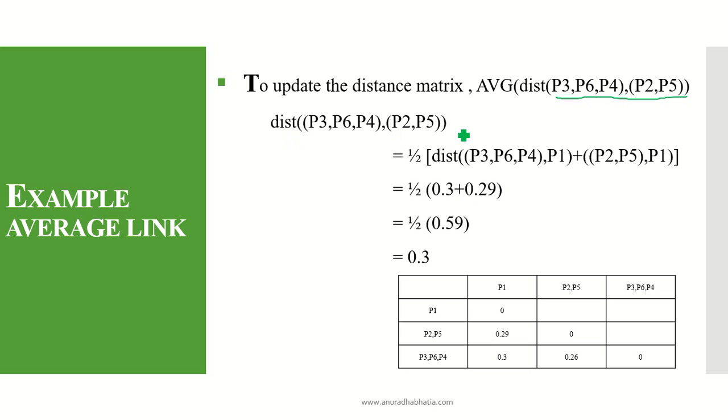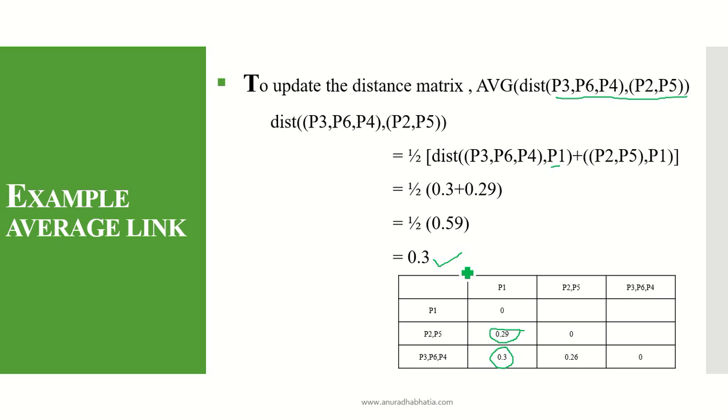I need to calculate P3, P6, P4 with P1. P3, P6, P4 with P1 is 0.3, and P2, P5 with P1 is 0.29. So it is 0.59, and I get 0.3. You will see in this averaging everywhere it is divisible by 2, because we are finding the distance between the 2 points, and every time we are taking the updated matrix to find out the distances.